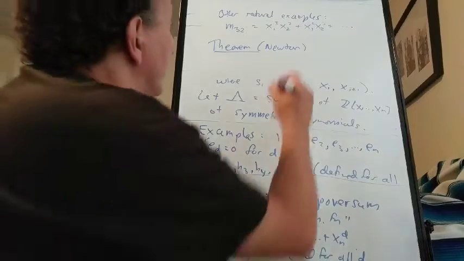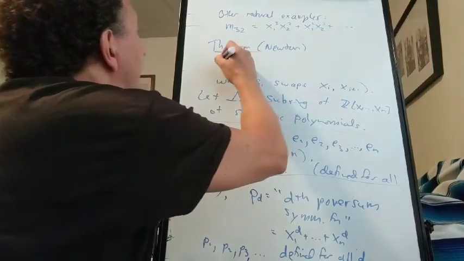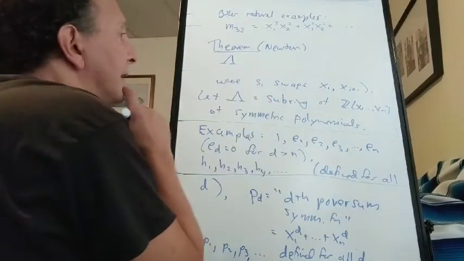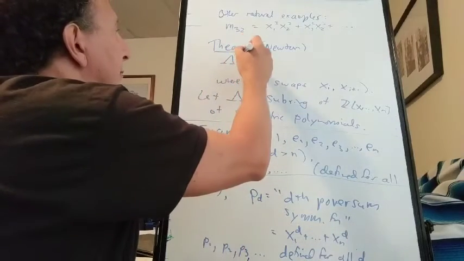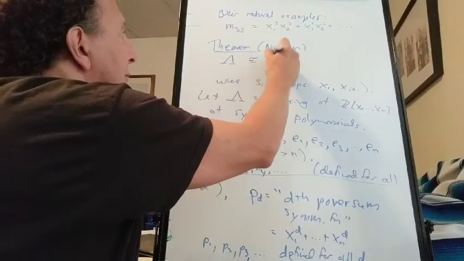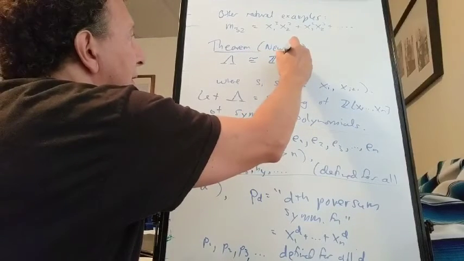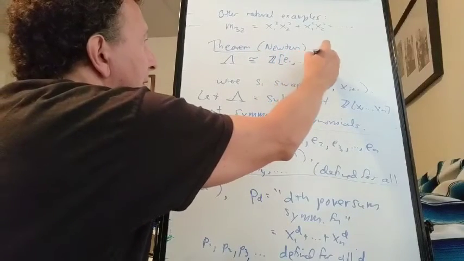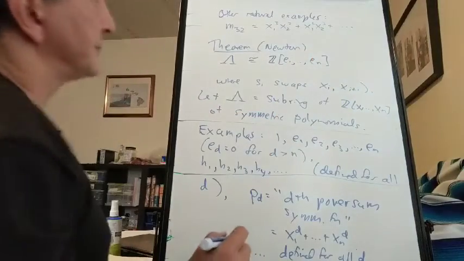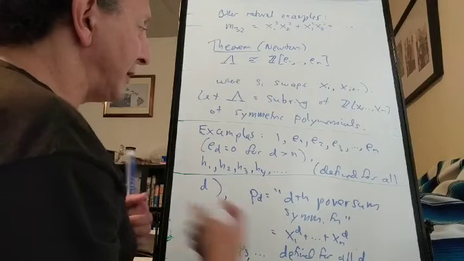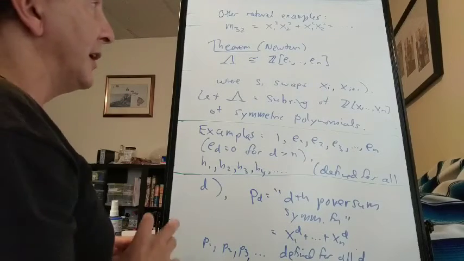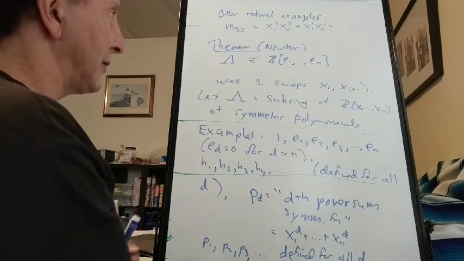Newton showed that this ring of symmetric functions is isomorphic to the polynomial ring in the elementary symmetric functions. That is, any symmetric function can be written as a sum of products of elementary symmetric functions.